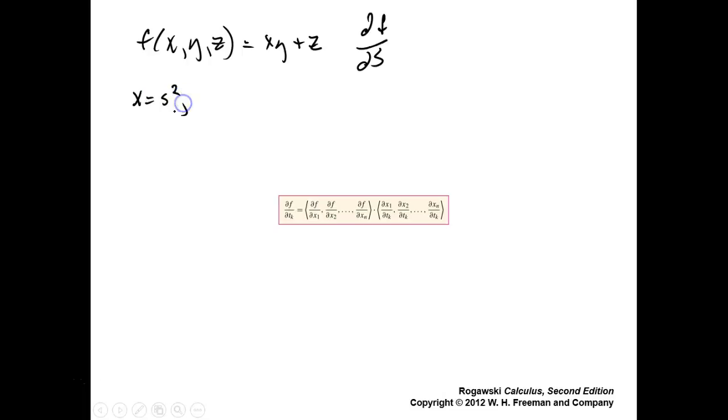I think this is the same as before. y is equal to st, and z is equal to t squared. Okay, same values we had before. Now, it says calculate partial of f with respect to s. Okay, can you tell me what that would be?